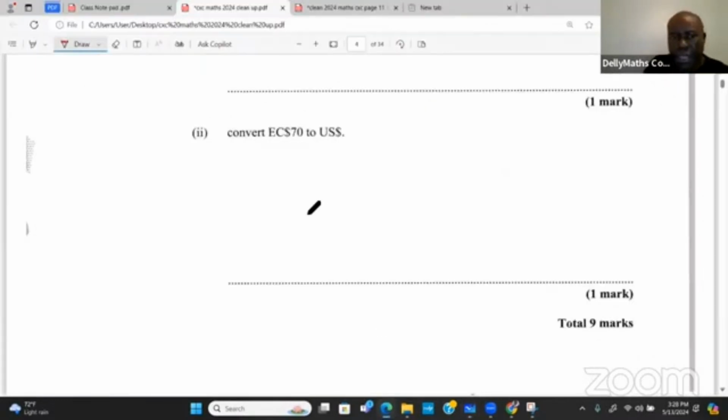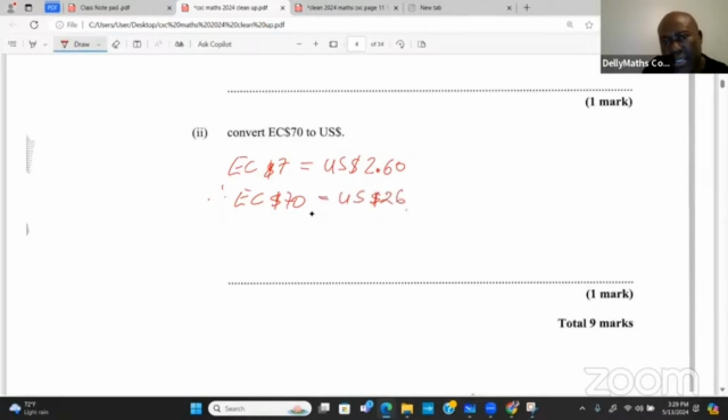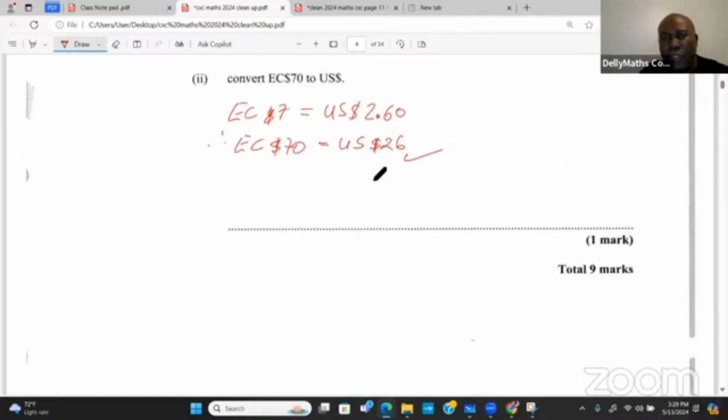Basically, using the graph, EC $7 was equal to US $2.60. Therefore, EC 70, because if I multiply the 7 by 10, I get 70, then if I multiply the $2.60 by 10, it's going to give me US $26. All right, so that is how we could easily represent that idea. So 70 would link to $26.